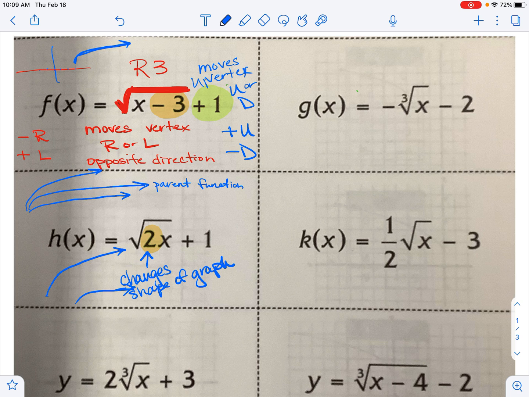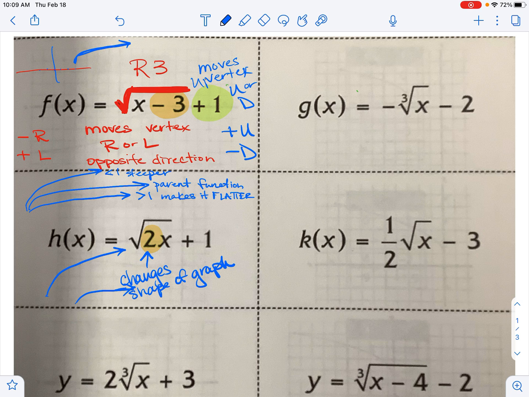If it's greater than 1, it's going to make it flatter. And if it's less than 1, it's going to make it steeper. Yes, and that's kind of counterintuitive, but that's the way it is. So it changes the shape of the graph.